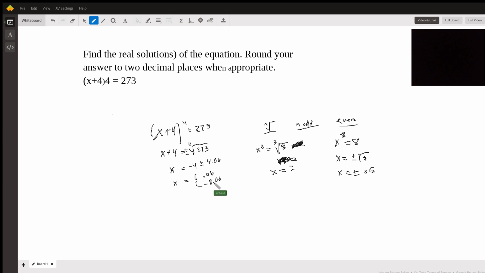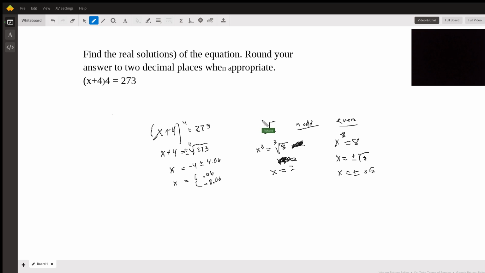If you put that into your calculator, you'll see that both of these work. When negative 8.06 plus 4 gives you negative 4.06, and you take that to the fourth, that will also give you something around 273.